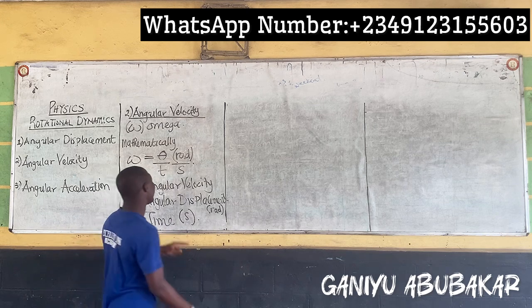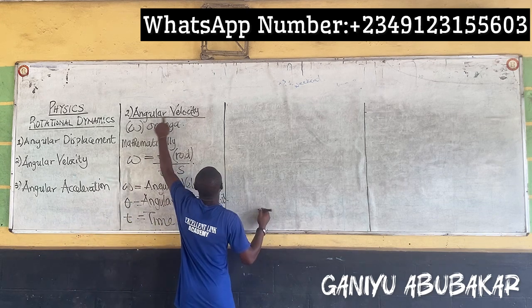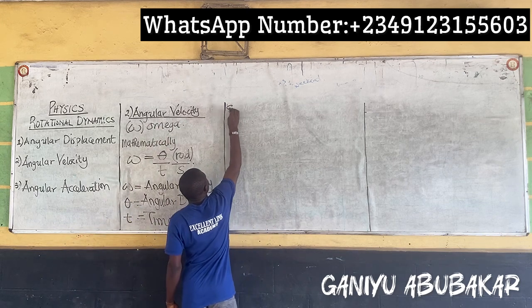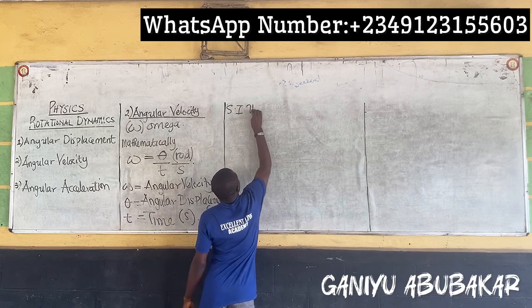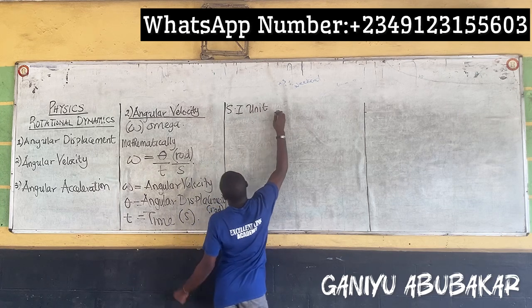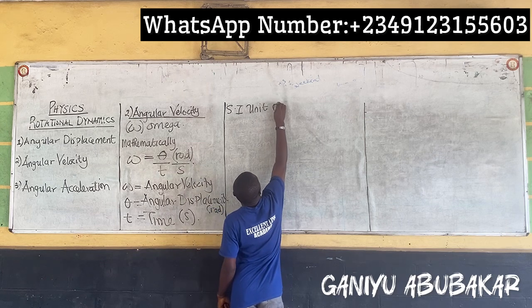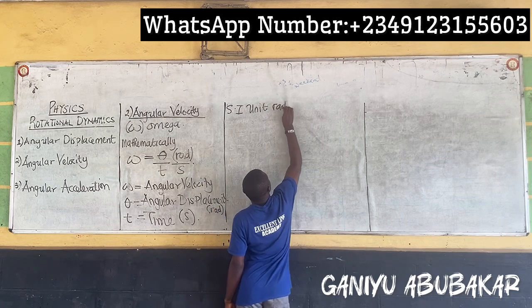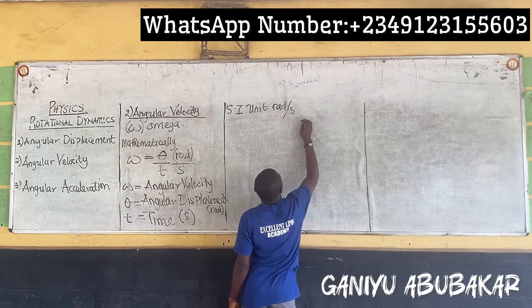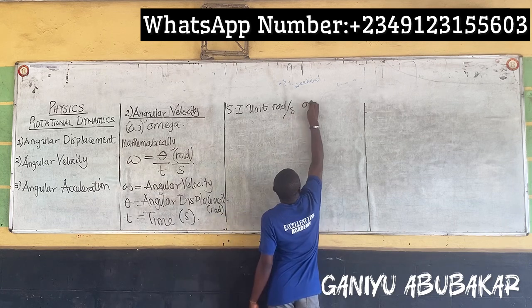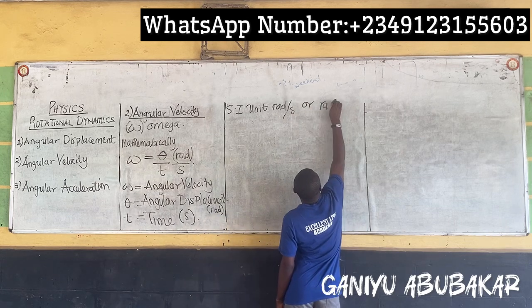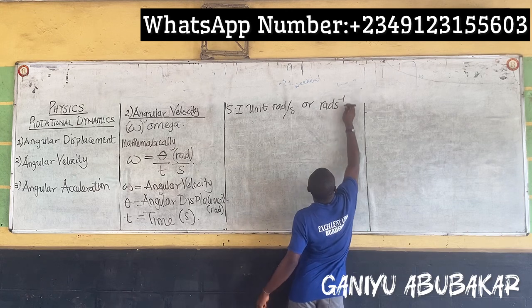So the SI unit for angular velocity is given as rad per second, or rad per second to the power minus 1.